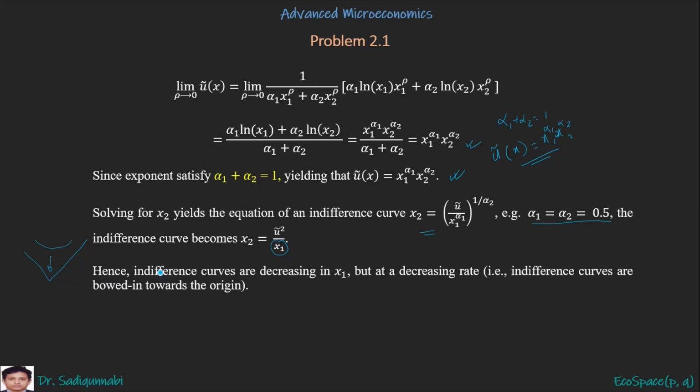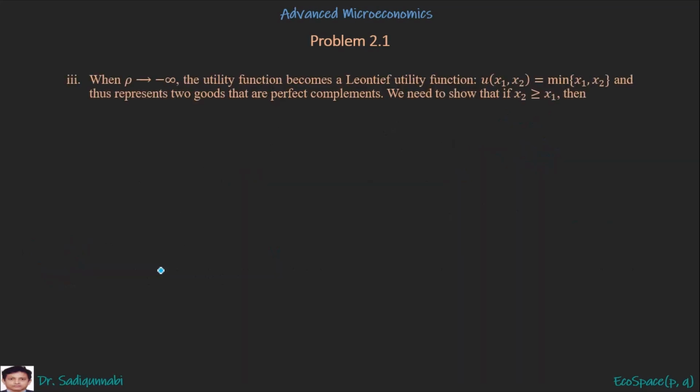Now what about when rho tends to minus infinity? Question number 2.1 C and sub question 3. When rho tends to minus infinity, the utility function becomes the Leontief utility function.